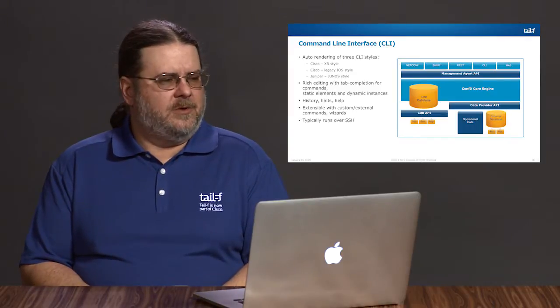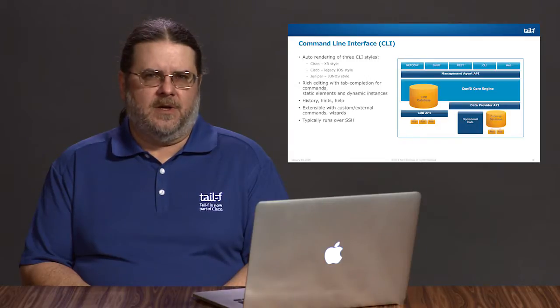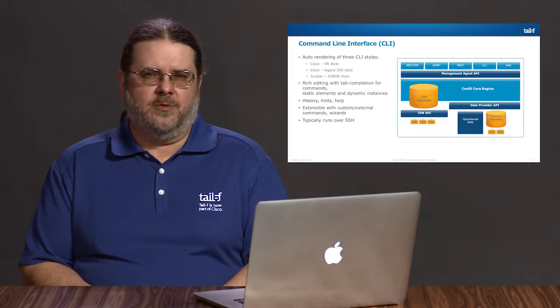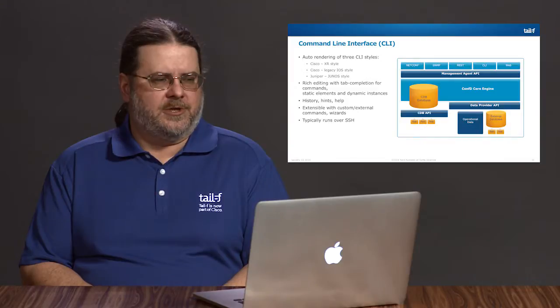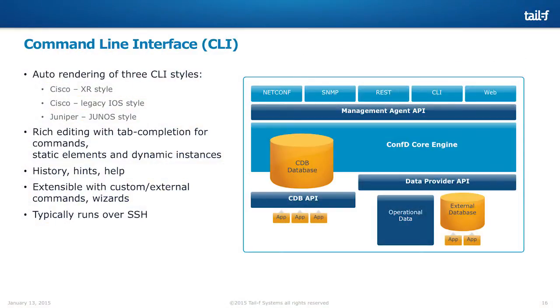ConfD also includes a CLI agent. In the free version of ConfD, only the XR CLI is available, only one session and only for use during development time and not production time. In the premium version of ConfD, it's an unrestricted CLI that can be used for production and has available the Cisco iOS style CLI, the Cisco XR, sometimes called IOX CLI, as well as a Juniper Junos CLI.